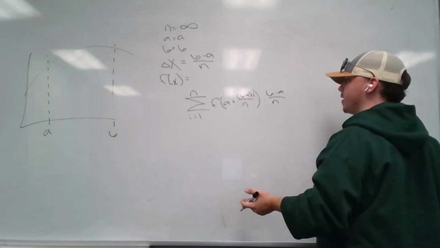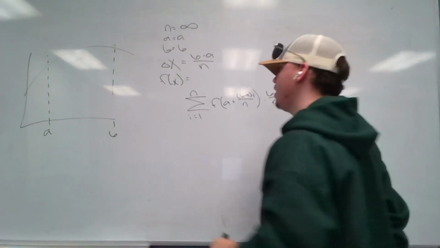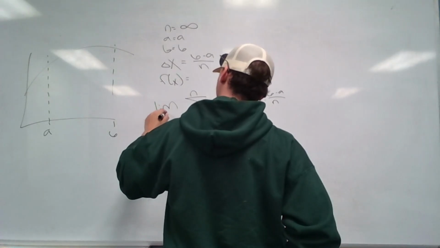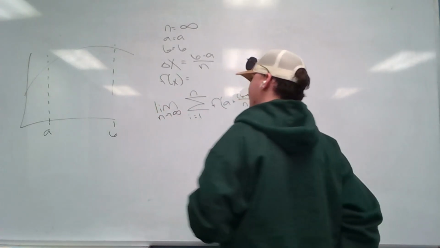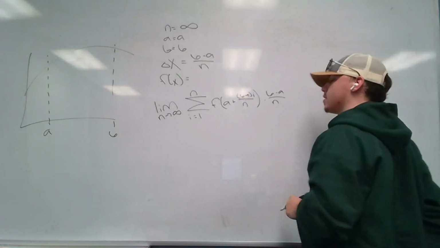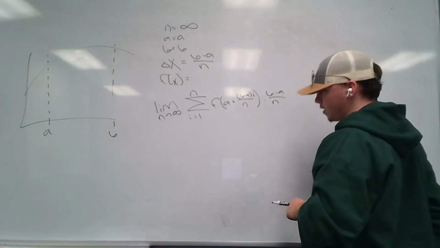So this is what it is, but because n approaches infinity, we now add the limit as n approaches infinity of the sum of this. So it looks really complex, but in reality, it's a bit simpler than you would think.